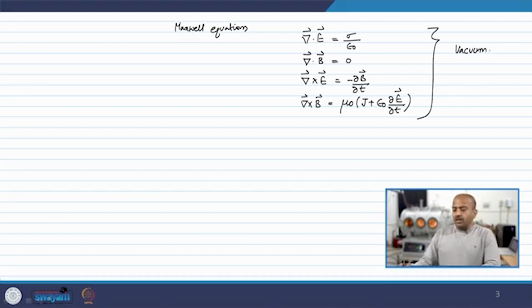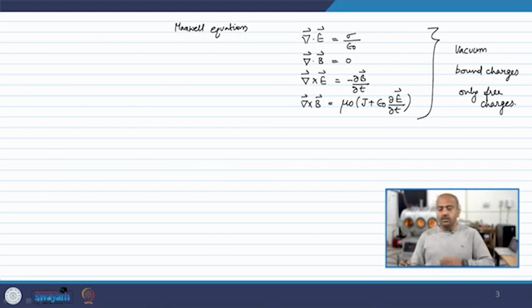How do we characterize vacuum? Vacuum can be the condition in which there are no bound charges. So, effects only due to free charges are considered in this set of equations. What it means is that the effects such as magnetization and polarization are not included in these equations.